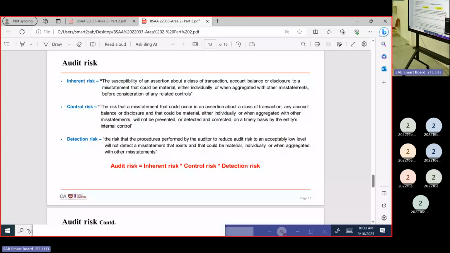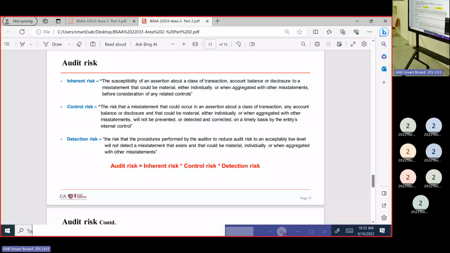Business risk is what? Audit risk versus business risk. What's the difference between these two? Is business risk a part of audit risk?